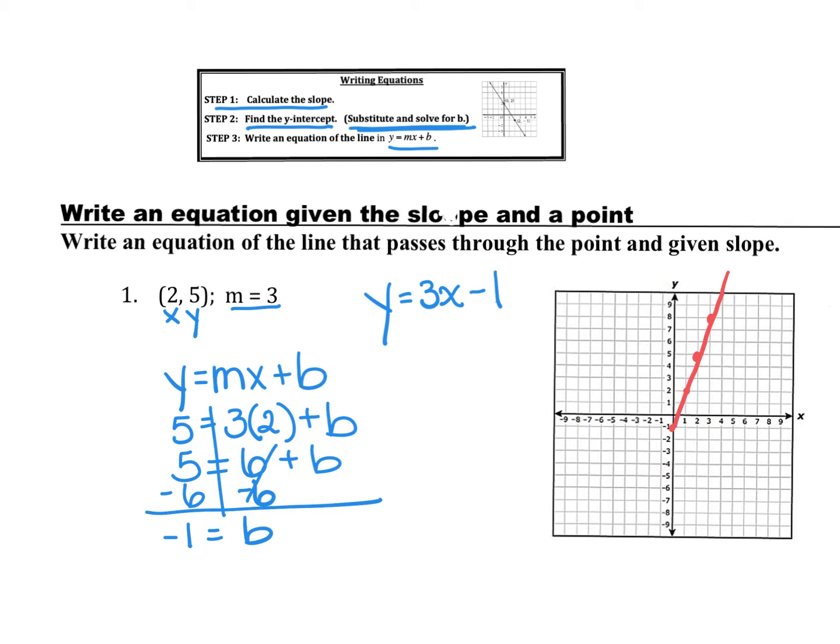And so notice how here is our line that has a point of (2, 5), and it has a slope of 3. Notice how it is going through the y-intercept at -1. We're not going to do that each time, but I just wanted to make sure that you understood the information that you're given.